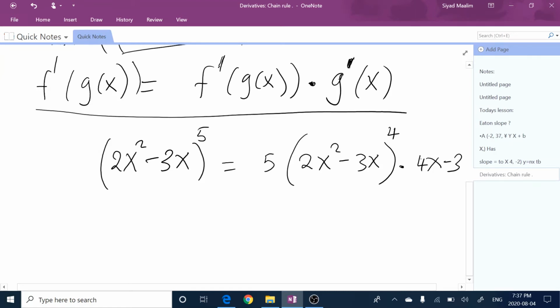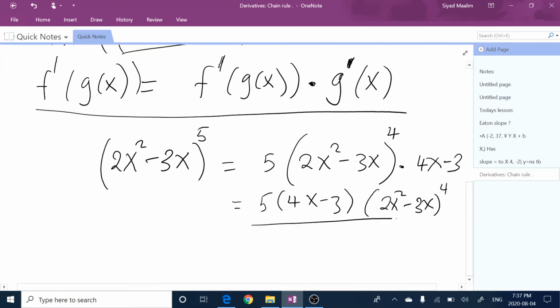Okay, so let's just clean this up. You can say 5 multiplied by 4x minus 3, multiplied by 2x squared minus 3x to the power of 4. You can expand this, but you can also leave it this way.